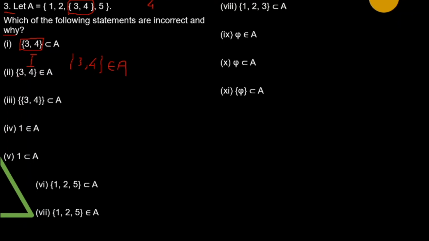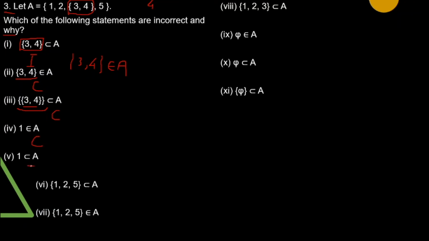Now, {3, 4} belongs to A. True it is. A single element, it belongs to A. This is correct. Next, see how it is. {3, 4} is there, again within curly brackets, so obviously it is a subset of A. So this is correct. Now next, 1 belongs to A. Correct. 1 is a subset of A. Incorrect.